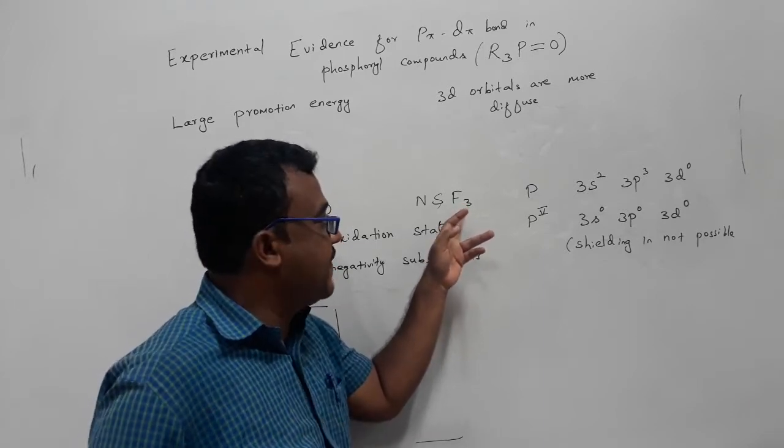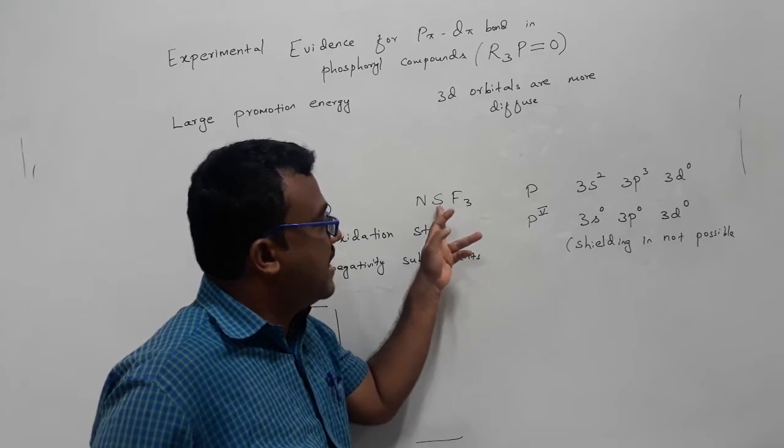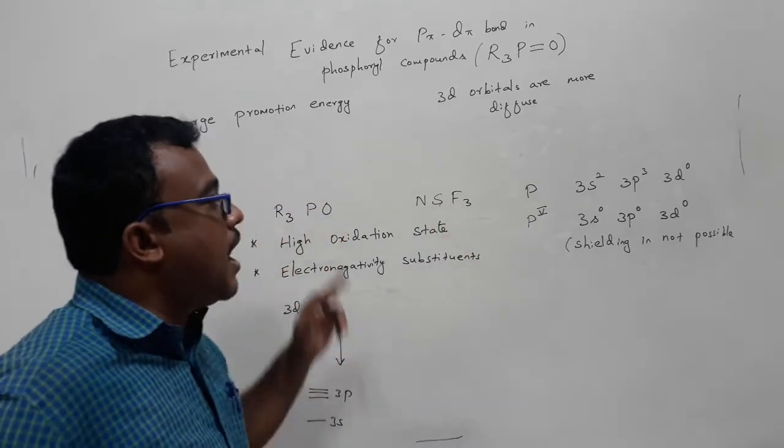Because of the minus I effect, electron density will be moved from sulfur to the fluorine atom, and that changes the orbital size.